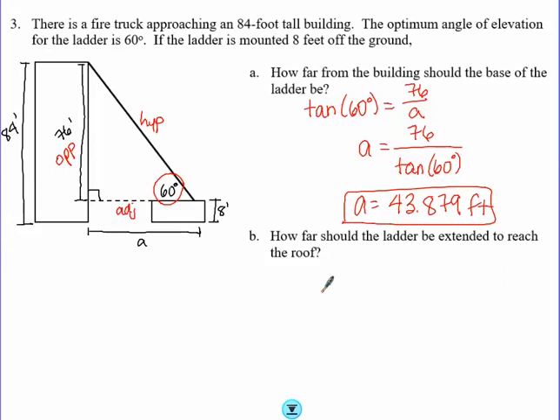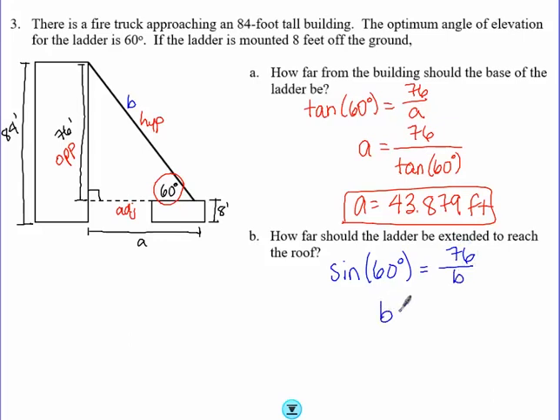In part B, we want to know how far should the ladder be extended to reach the roof. So we are trying to find the length of the ladder, which is B. Again, I'm going to use what I was given in the problem to avoid round-off error. So I know the opposite side, I want to find the hypotenuse. So that will be sine of 60 degrees equals opposite over hypotenuse.